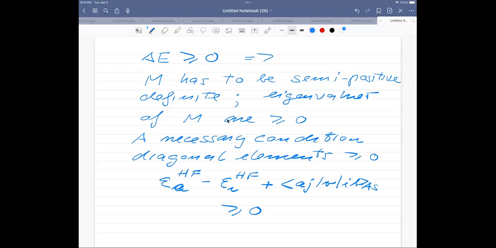So tomorrow, we are going to conclude this part on the formal Hartree-Fock piece by looking at Thouless' theorem.